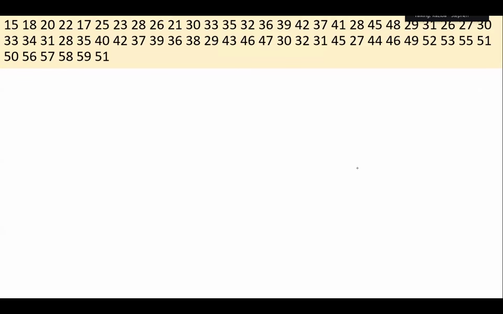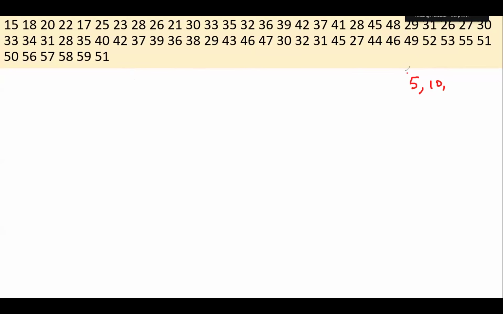The best class intervals to use are 5 and 10, but you can use any class interval. Please ensure that the class interval you choose can generate at least 5 classes. If it can generate 5 classes and not more than 12 classes, it will be very good for you.